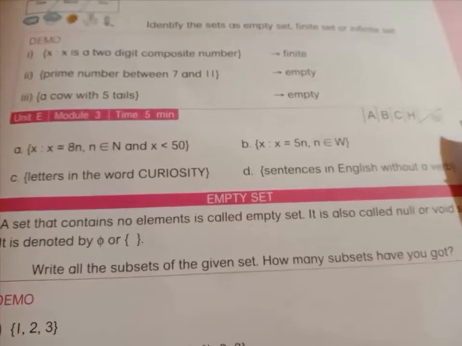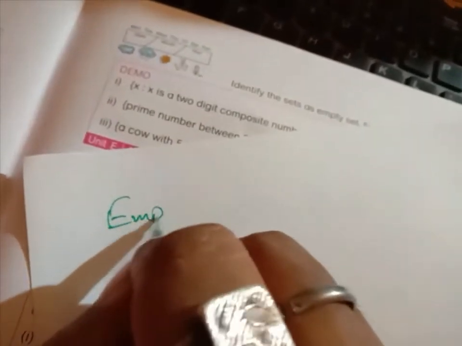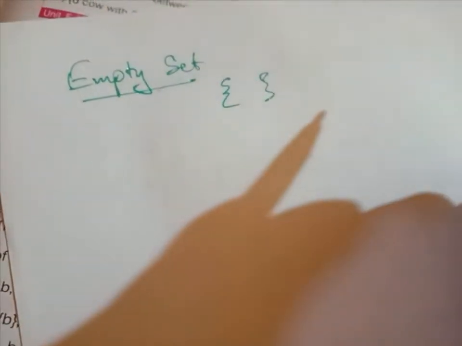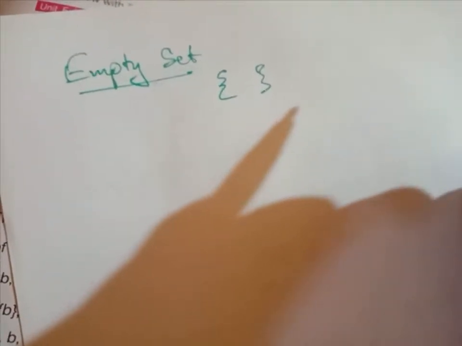In module number 3, identify the sets as empty, finite or infinite set. Now this brings us to the new concept of an empty set. So an empty set is a set which doesn't have any element within the curly brackets.